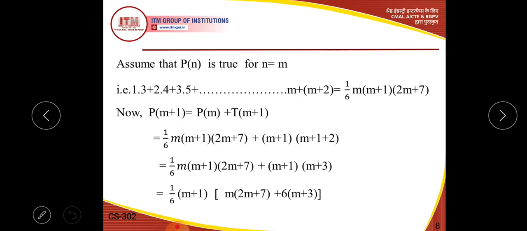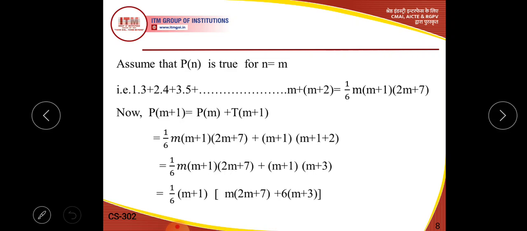Clear everyone? In the second step, you have to assume the given statement is true for n equals m, and after assumption you have to check that the statement is true for m plus 1. If it is true for m plus 1, then it is true for all positive integers.